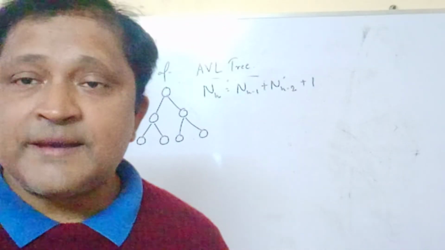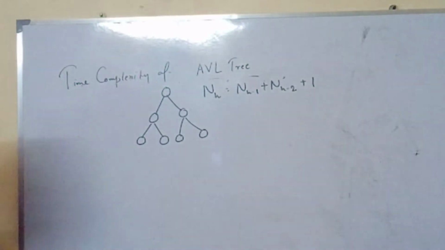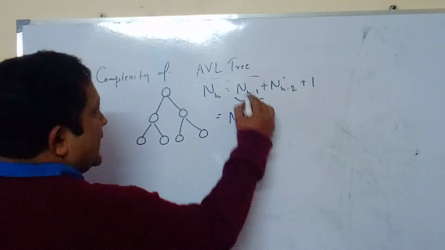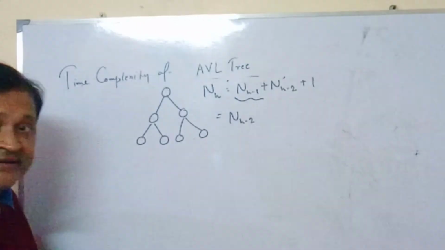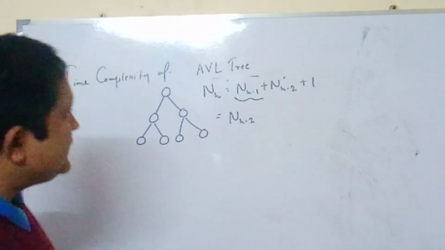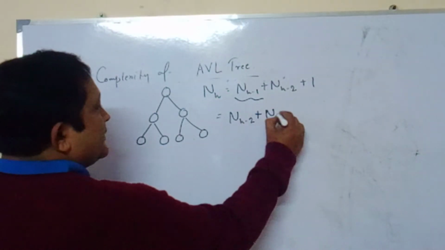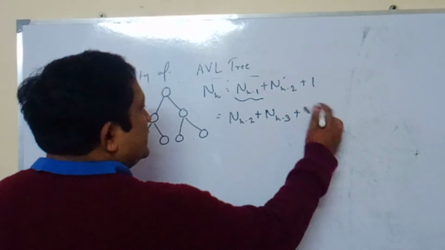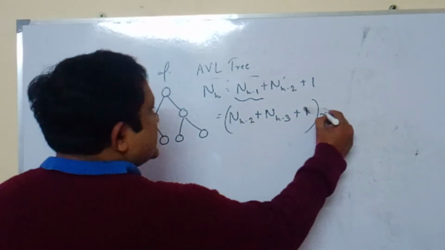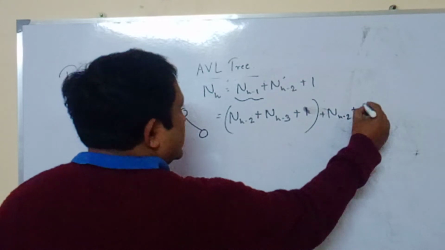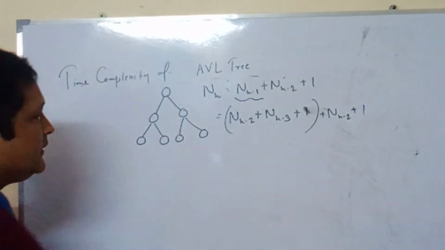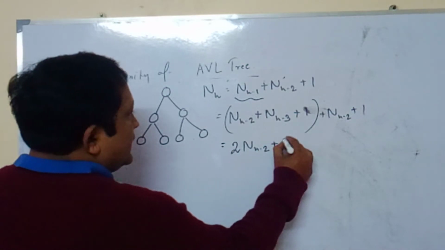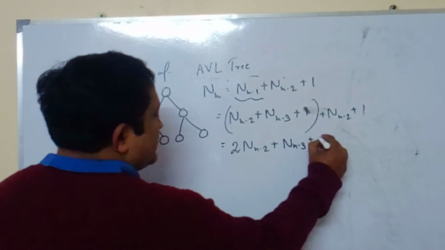So now if I expand this as a recurrence relation, n h minus 1 becomes n h minus 2 plus n h minus 3 plus 1, and n h minus 2 plus 1, so we have n h is equal to 2 into n h minus 2 plus n h minus 3 plus 2.